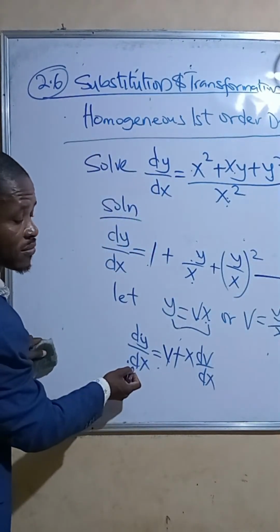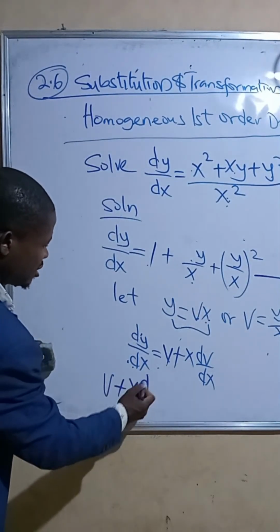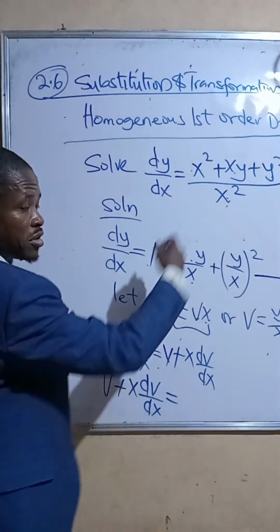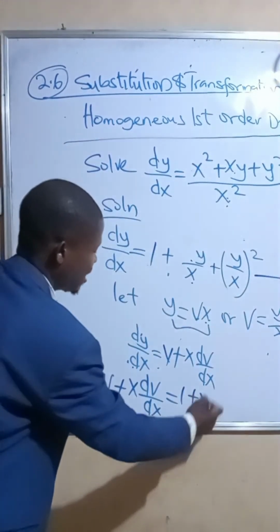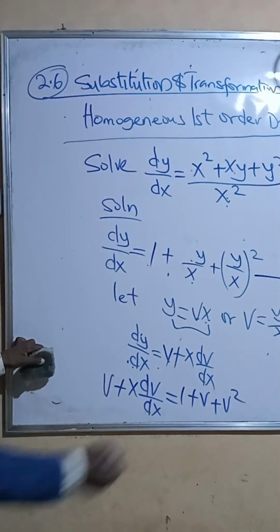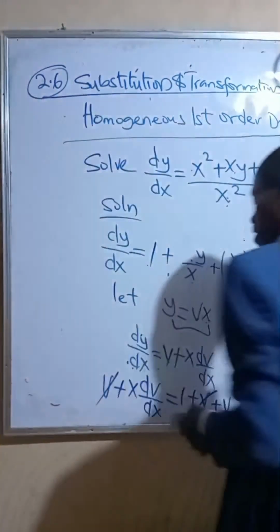Make substitution for dy/dx, and that will be v plus x dv/dx equal to, then make substitution for the right-hand side, which is 1 plus v plus v squared. So this v and this v cancel out, and after that you separate the variables.